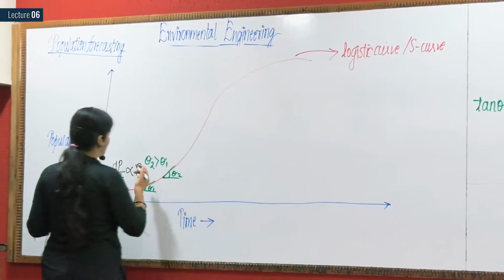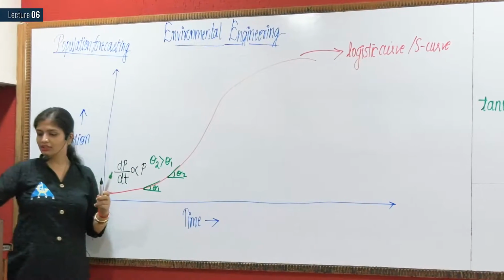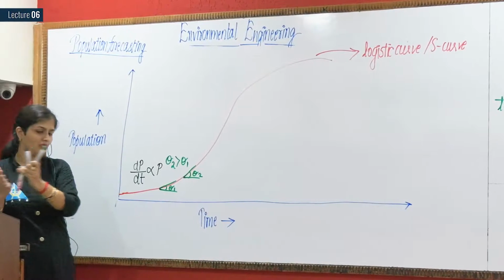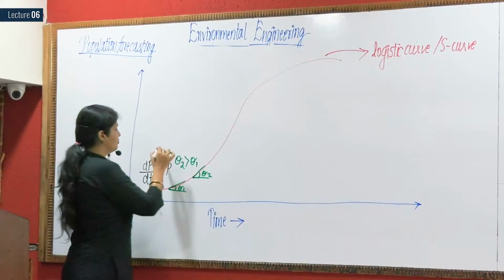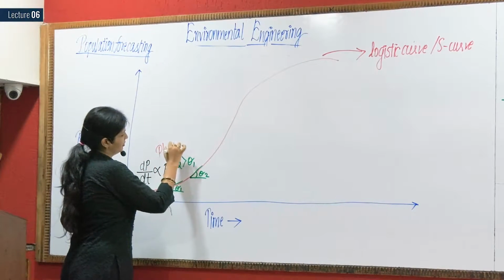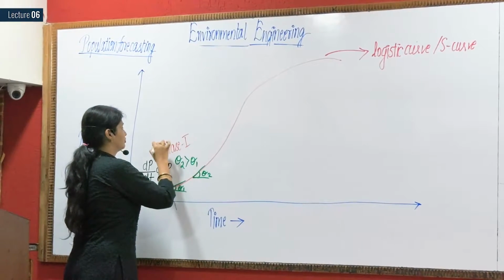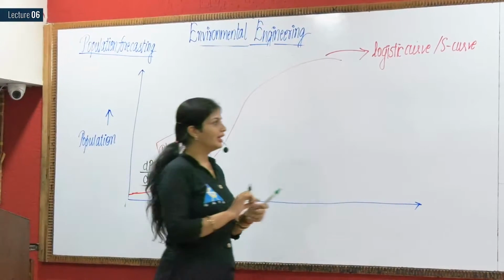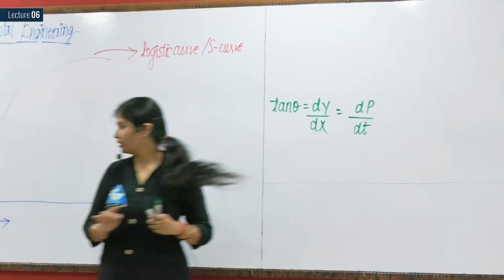This is known as phase 1. Right? So in phase 1, what can I write here? Take blue pen.